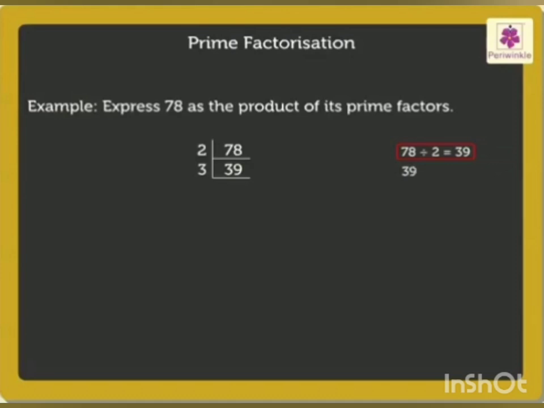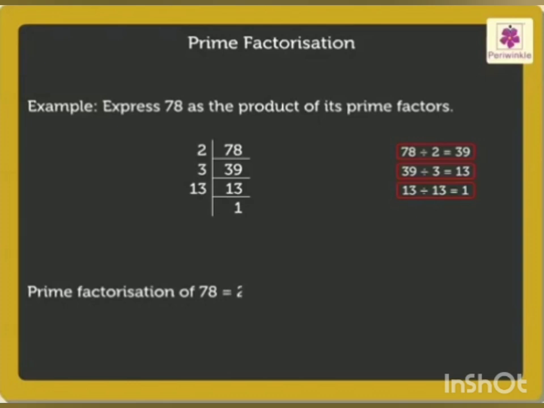So, 39 divided by 3 equals 13. Now, we have 13 as the dividend, which itself is a prime number. So, dividing 13 by 13, we get 1. Now, we have 1 as the quotient. Thus, the prime factorization of 78 is 2 into 3 into 13.